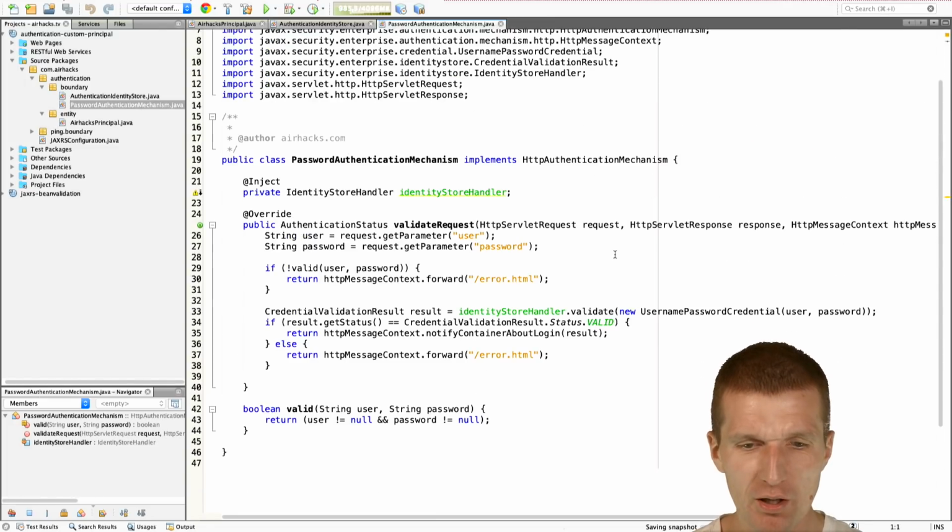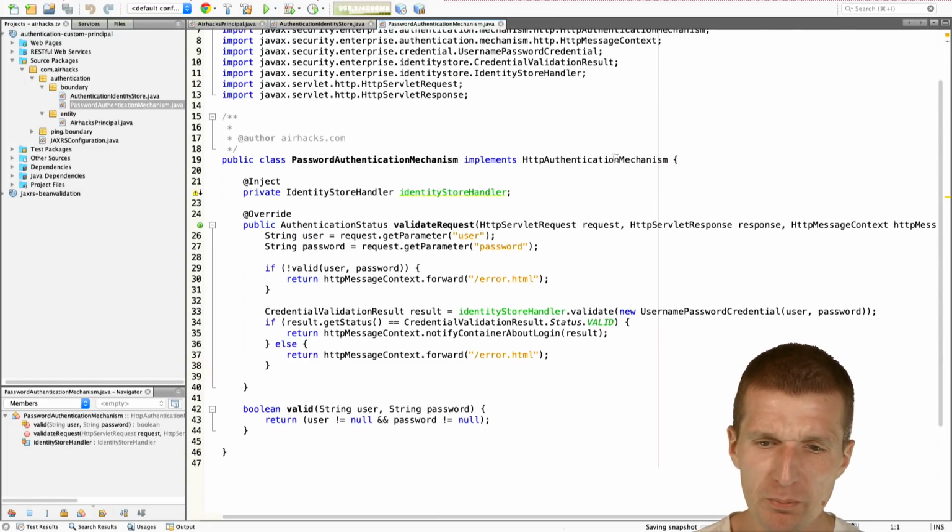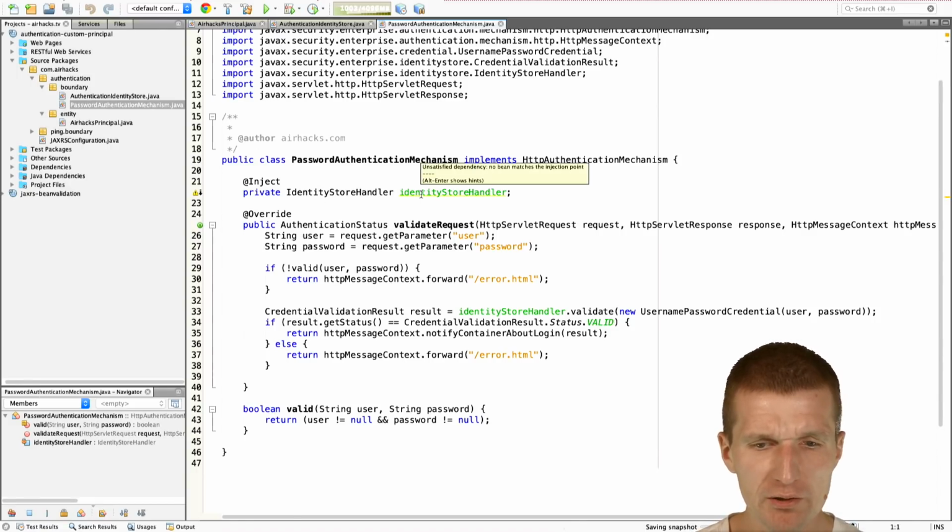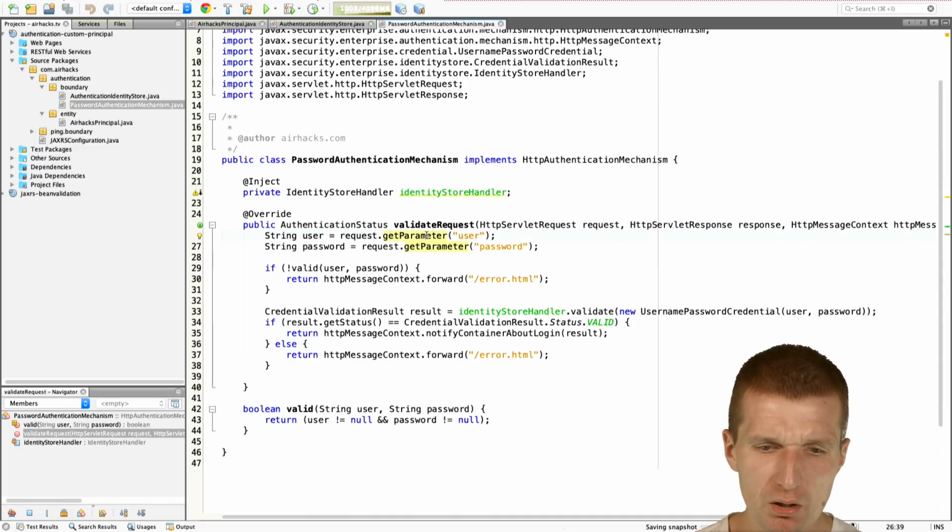So now we have an HTTP authentication mechanism, and you can inject the identity store handler, and the identity store handler is like a facade to the authentication identity store. I fetch the user and the password from the request, and I check whether they are valid.